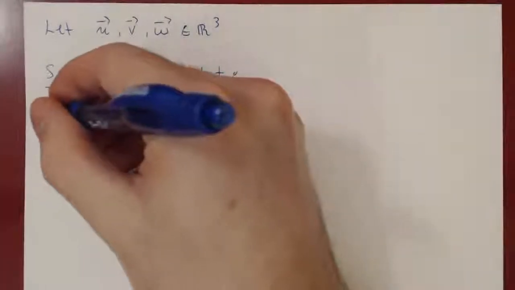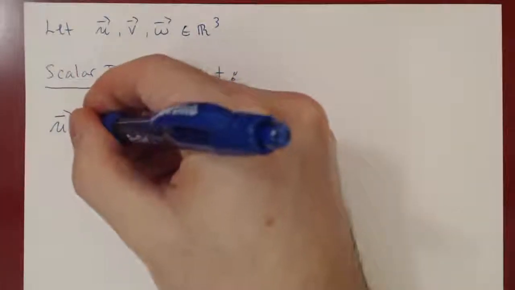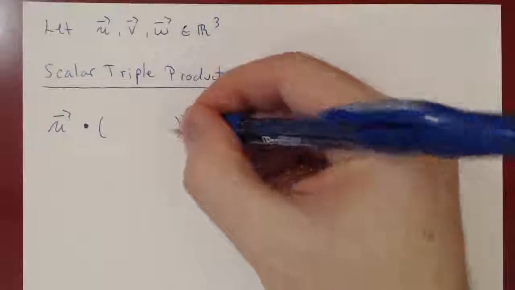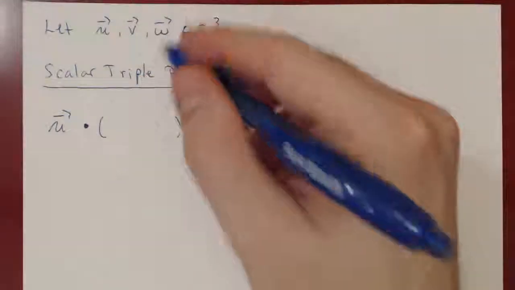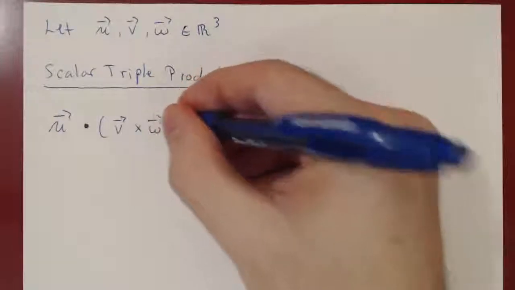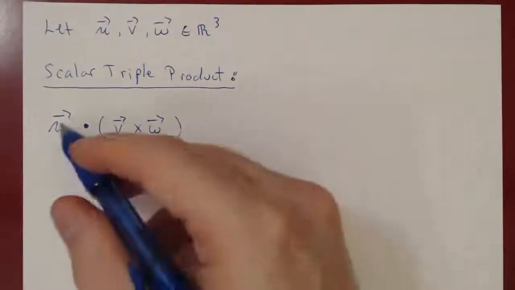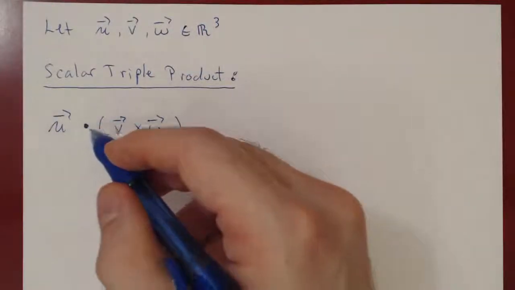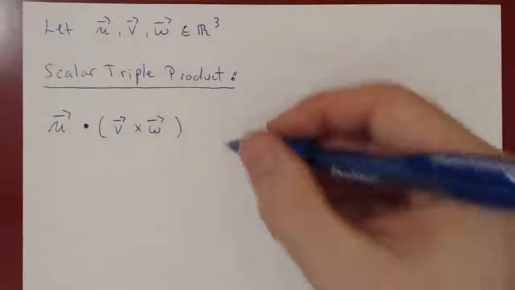So if you take u, which is a vector in R3, and you dot u with the cross product of v and w, this is a real number, right? Because v cross w is a vector in R3, u is a vector in R3, and if you dot two vectors, you get a real number.